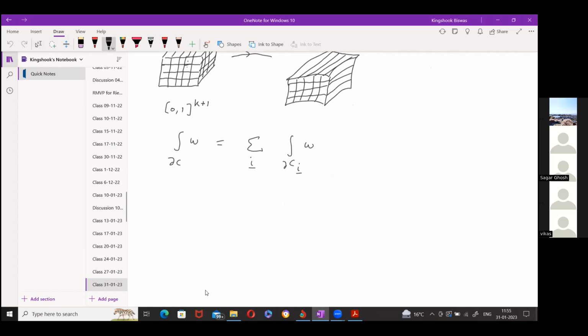So now what can we do for each of these small cubes? Well, by definition of the exterior derivative, this small cube is like one of those small cubes C epsilon, where epsilon is equal to 1 over N, N a large integer.